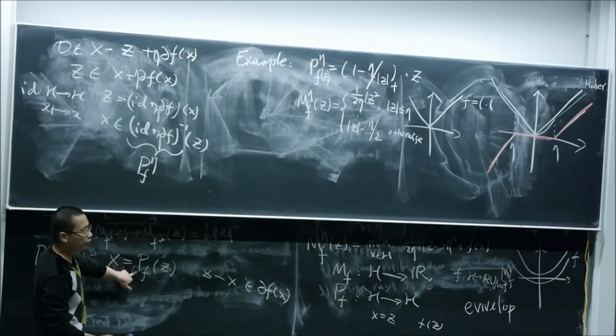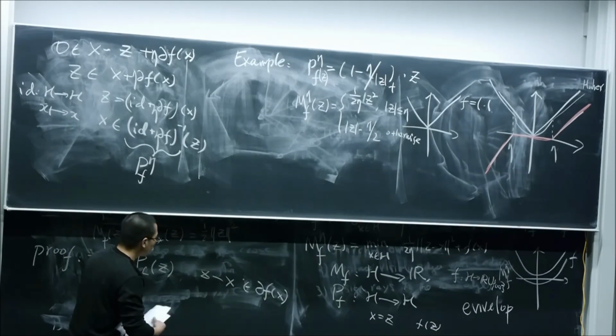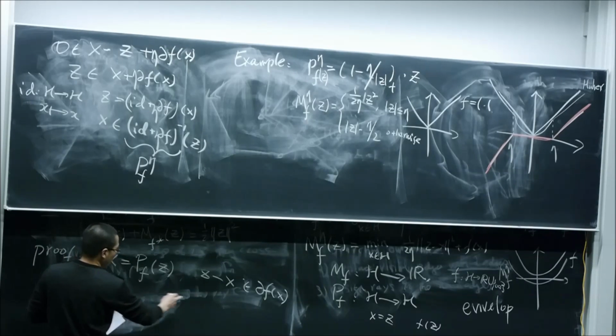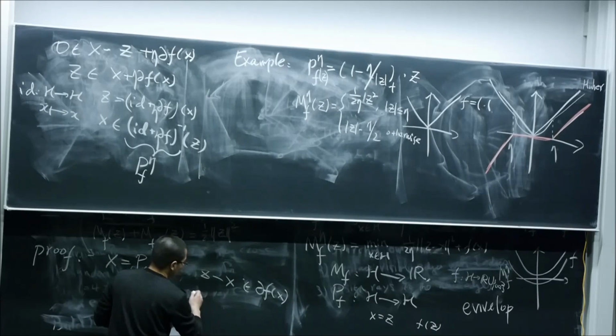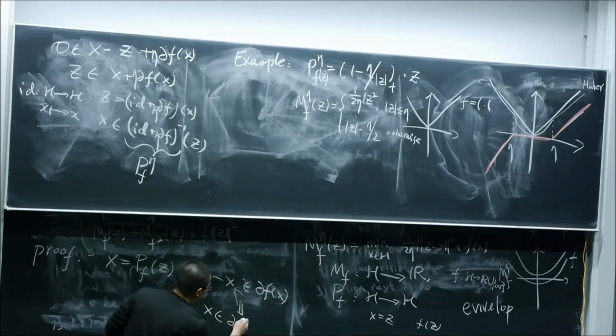Right? That's just the definition of the proximal operator. You take the derivative. This is true if and only if x is in the subdifferential of the conjugate function at z minus x.